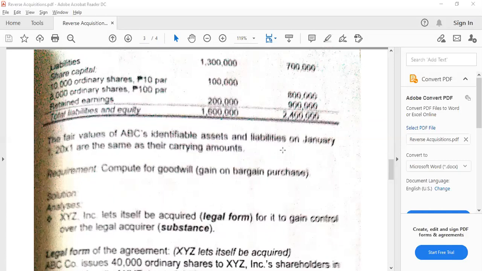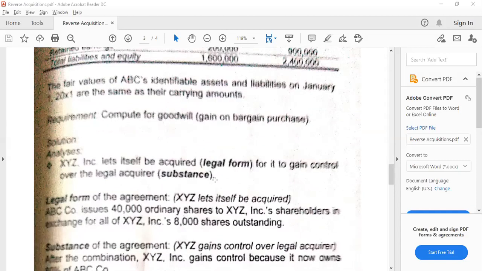And that's why ABC is allowed to issue shares in this case for XYZ's purposes or reasons of doing so. So XYZ Incorporated lets itself be acquired in legal form for it to gain control over the legal acquirer, and that is the substance of the transaction.